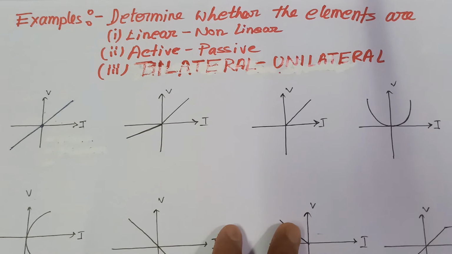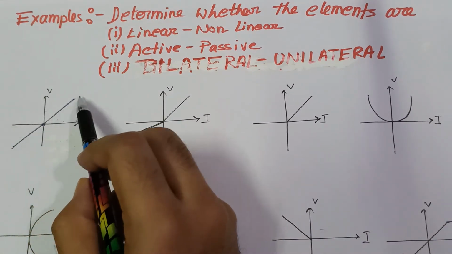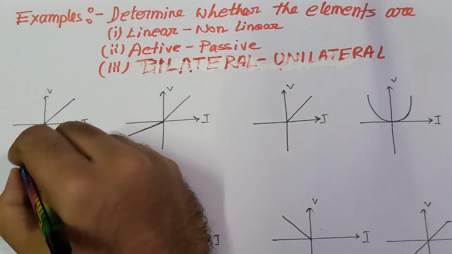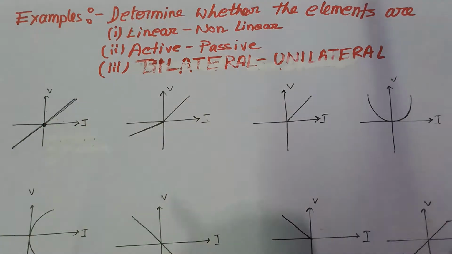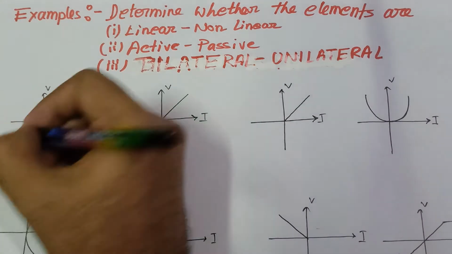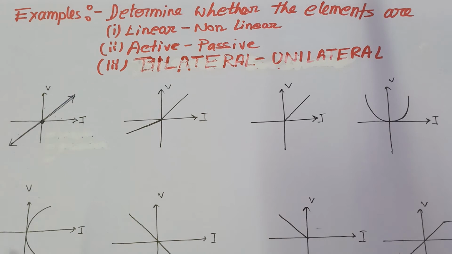In the first example, the VI characteristic is a straight line which is following only one equation. It is passing through the origin and holds for all time, which means you can extend this up to any point.